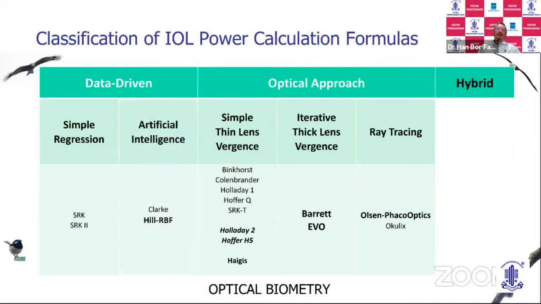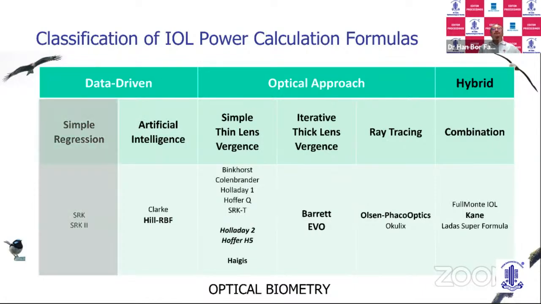And of course, artificial intelligence such as the Hill RBF, and the combination of optics as well as artificial intelligence. The reality is that the lines between all these modern formulas are not distinct, because there is quite a bit of overlap between optics as well as artificial intelligence.